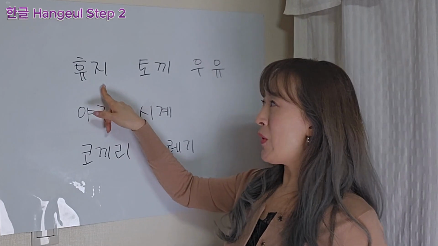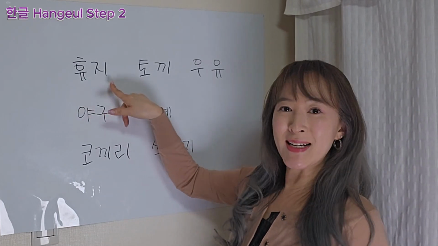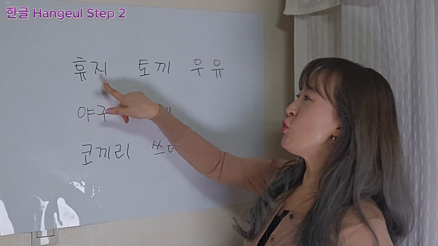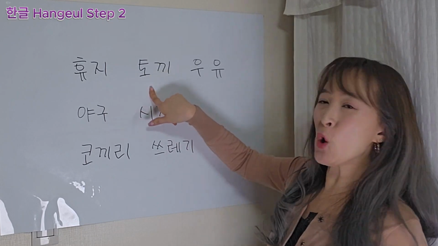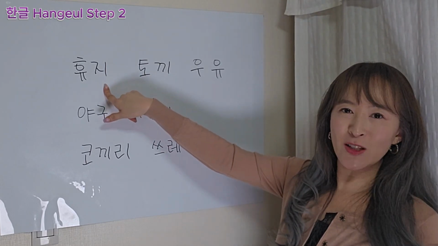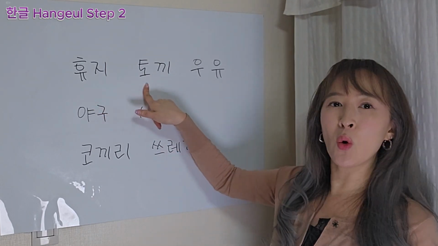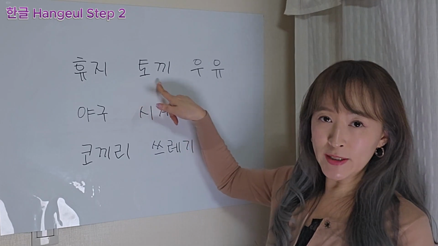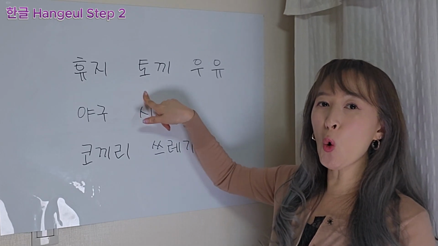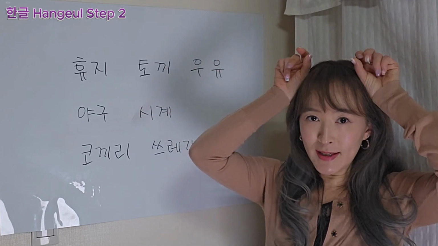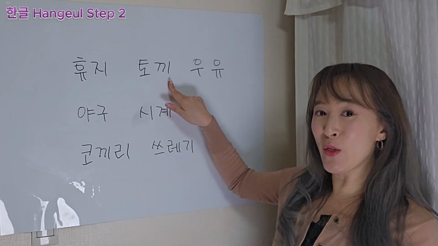So, 휴지. 휴지 means toilet paper. 토끼. 토끼 means the rabbit.